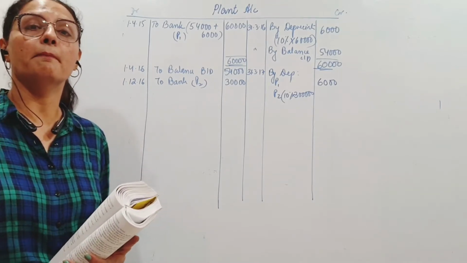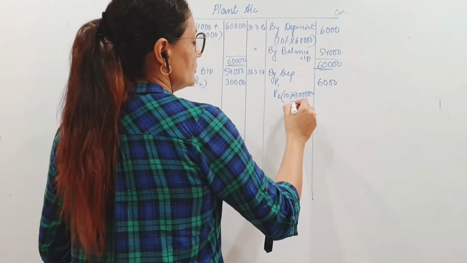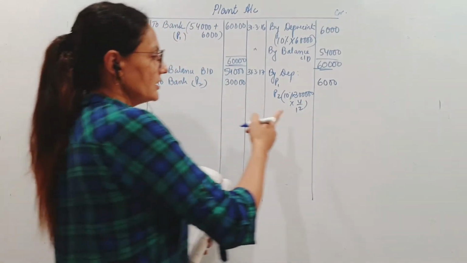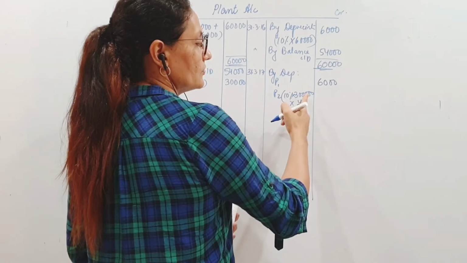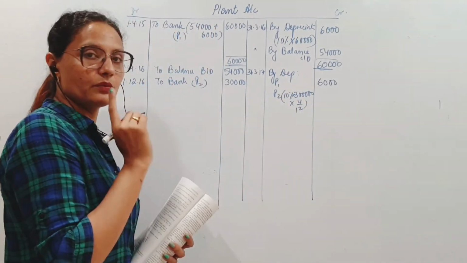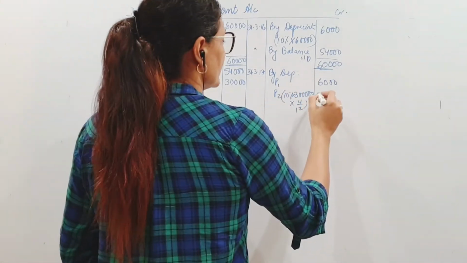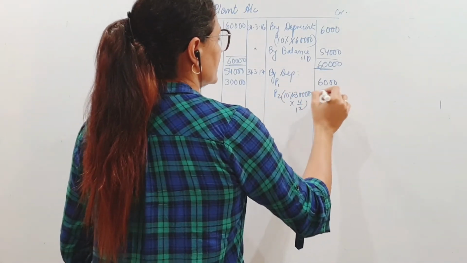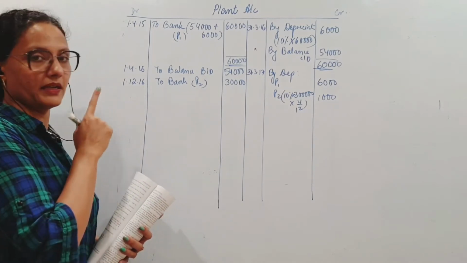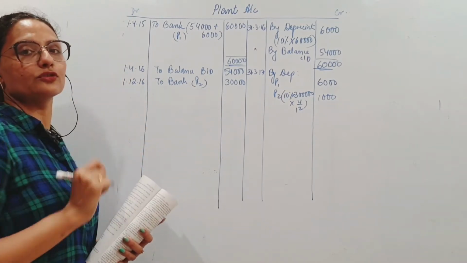December, Jan, Feb, March, 4 months, so into 4/12. The entire amount is 3,000 for the whole year. 4/12, meaning 1/3 of it, is 1,000. So depreciation charge for this year will be 6,000 on plant 1, 1,000 on plant 2.